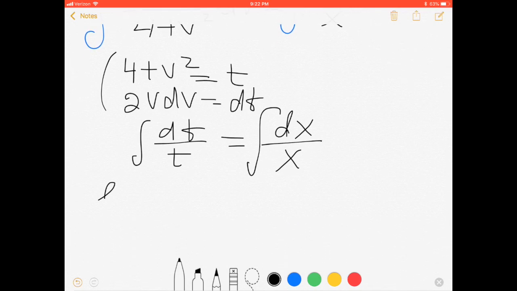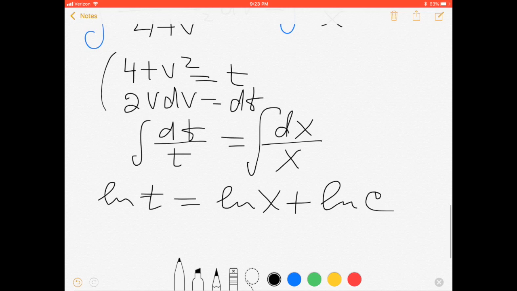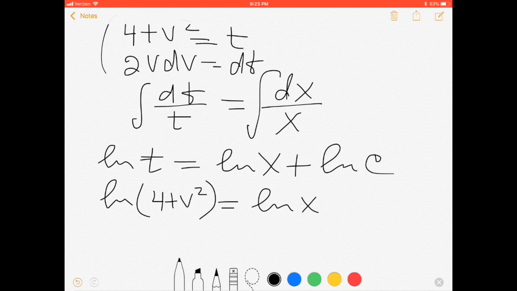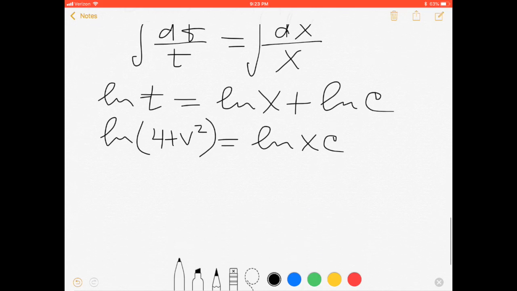Here I have ln t equals ln x. And you remember, if everything is ln, it's better to write your constant parameter like ln c, because ln c can be any number, positive or negative, and nothing changes. Okay, here I have ln(4 plus v squared) equals ln(x times c).